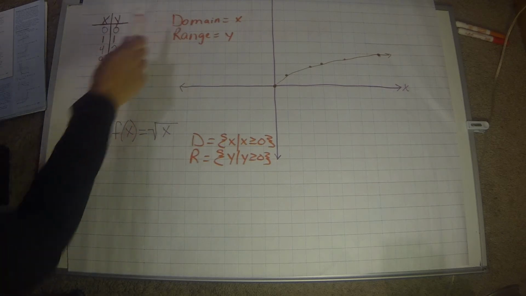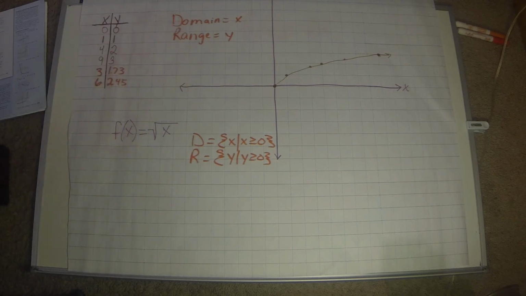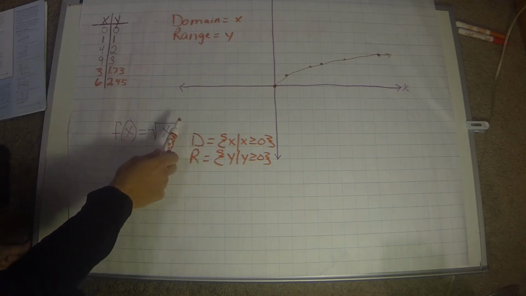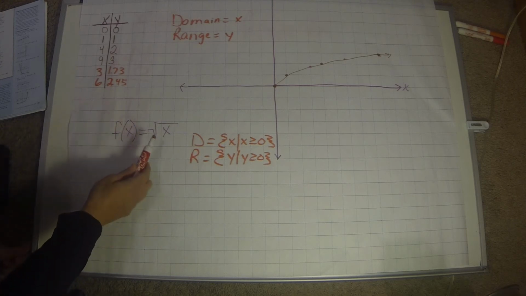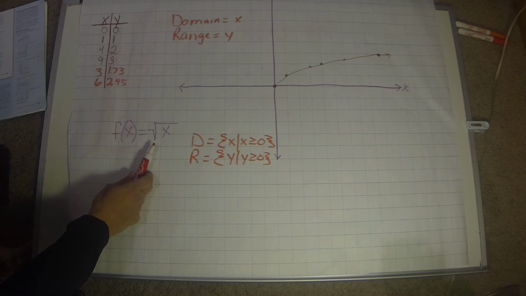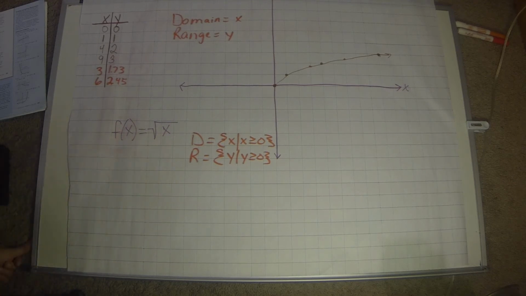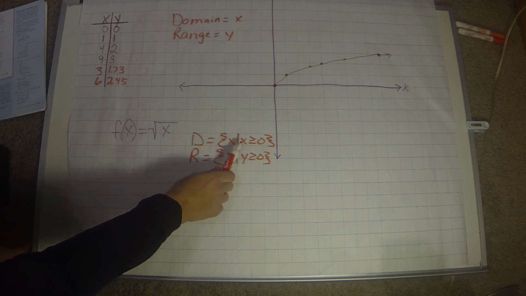We are also going to be looking in this section about naming the domain and range of these functions. If you recall, the domain is the x value, range is the y value. So for this function, with it being a radical here, we want to find our x value, our domain, we would take what's underneath the radical sign and set it greater than or equal to 0.